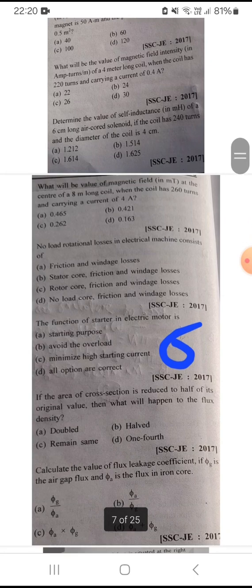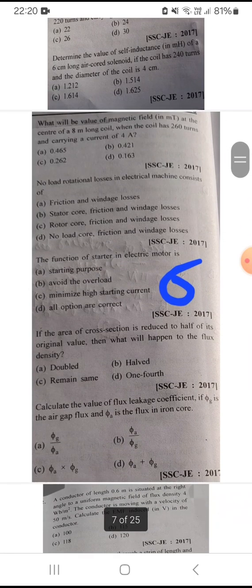Next, what will be the value of the magnetic field in mT at the center of the 8 meter long coil when the coil has 260 turns and carrying a current of 4 ampere? We know that N is equal to 260, current is equal to 4 ampere and length is equal to 8 meter.